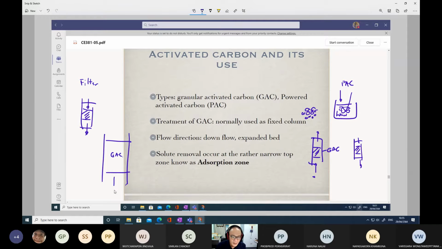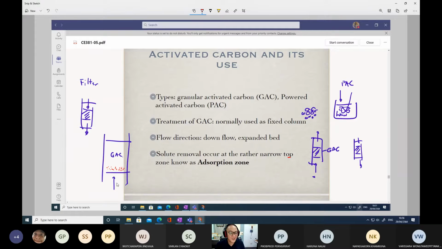If we feed in the upflow direction, at the beginning the solutes or contaminants will be adsorbed on the top zone or top layer. The top means the very first zone that gets in touch with the water.